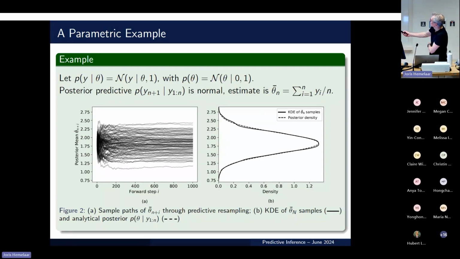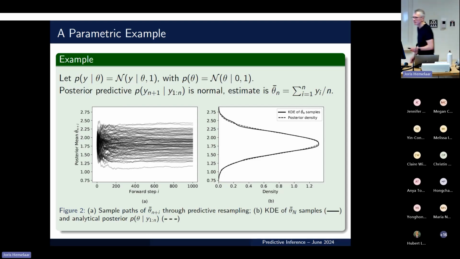If I look at these sample paths, they're random, because the data I'm generating are random. If I now pick off these parameters at the end and compare them to the Bayes posterior, which I didn't actually need to simulate because I knew what it was since it's conjugate, I get equality up to some level.